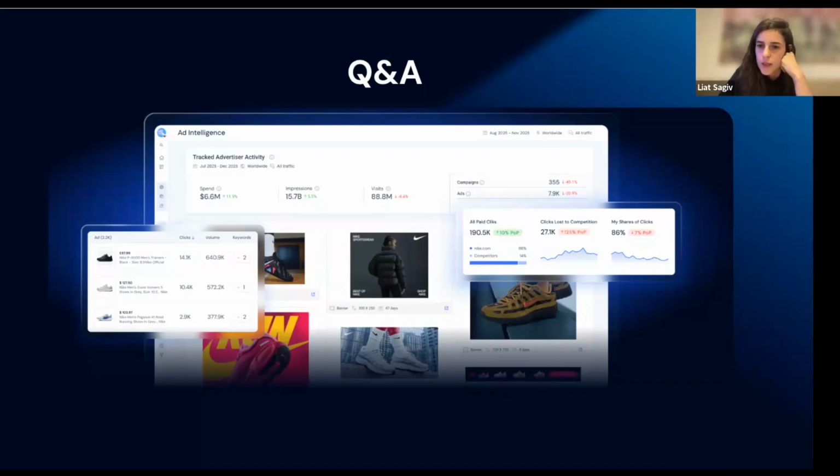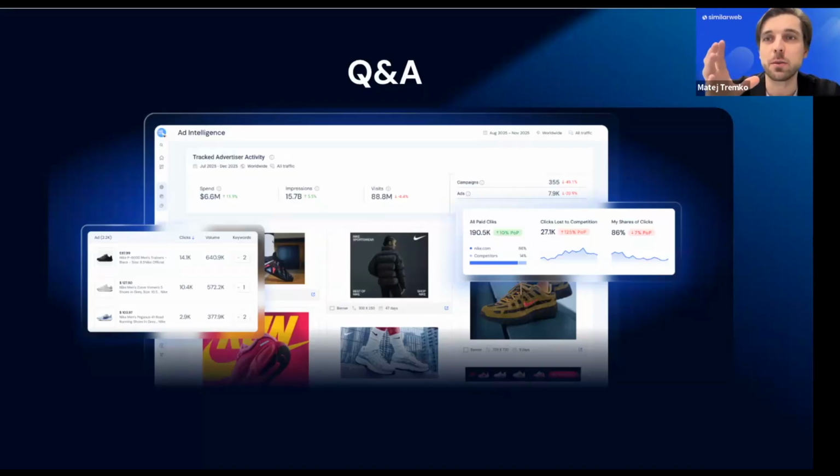Another good one. What is the difference between using the automatic keyword list and creating your own keyword list? Mate, do you want to take this one? Yep. So what we do is we pre-fill the keyword list based on the highest volume branded keywords for which you're getting paid traffic. That's representing the current snapshot for the past month that we have detected. You might have your own campaigns with your own branded terms, which you know you are bidding on and are important for you.